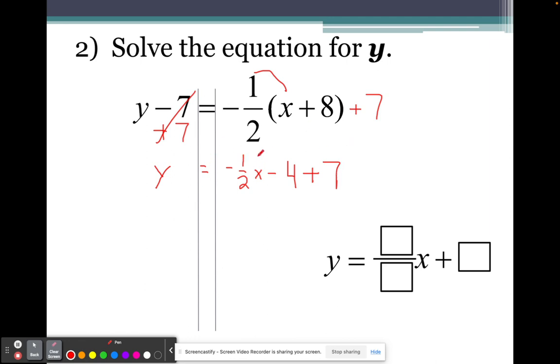The next thing I can do is combine the like terms, negative 4 and positive 7. So I end up with negative 1/2 x plus 3. You can put the negative out front or in the numerator. Either way is fine. Usually it looks kind of weird if you put it in the denominator.